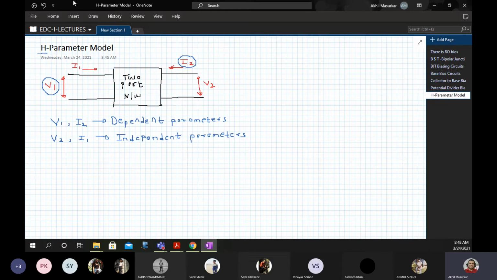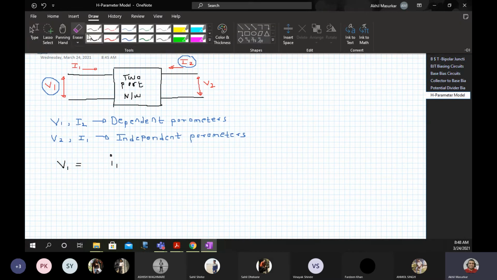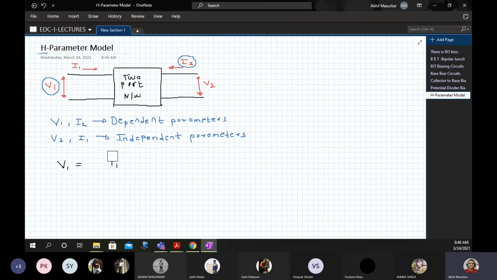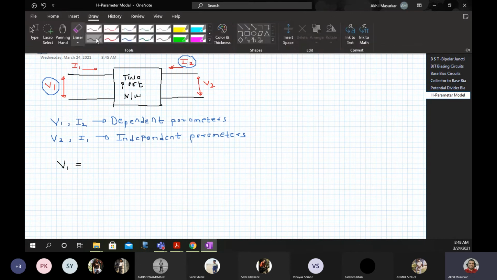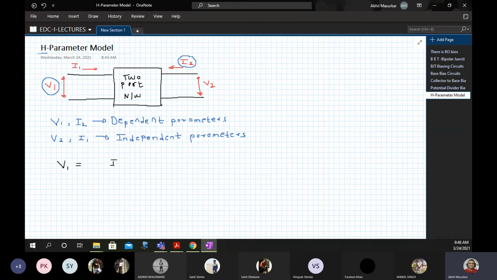So we can write a system of linear equations using the above model as, you can write like this: V1 is equal to H11 I1 plus H12 V2.